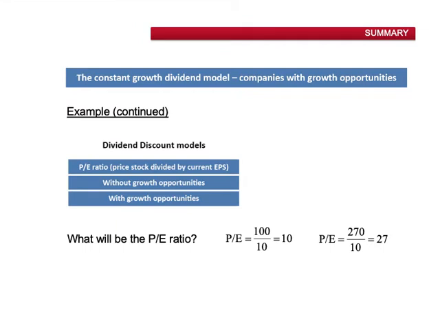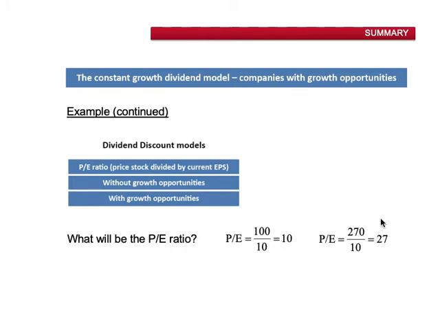Let's have a look at multiple analysis, where we're going to look at the PE ratio, for example 1 and example 2. PE stands for price of equity divided by net earnings. Well, in the first example, where the company does not reinvest anything, we are going to have a PE of 10.